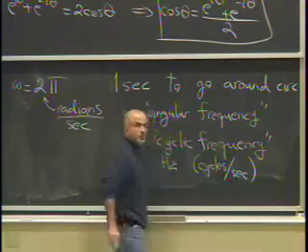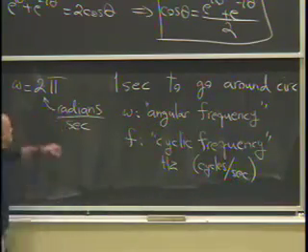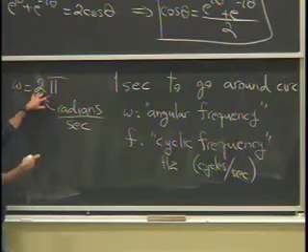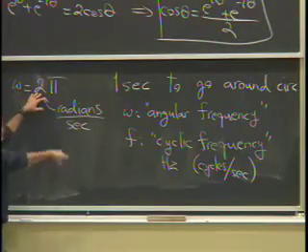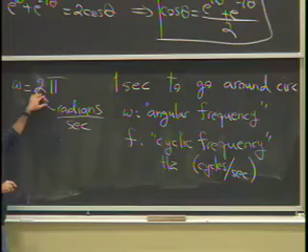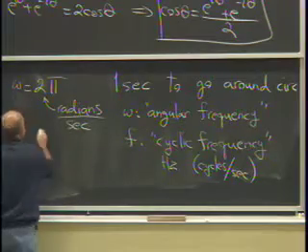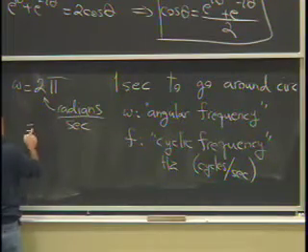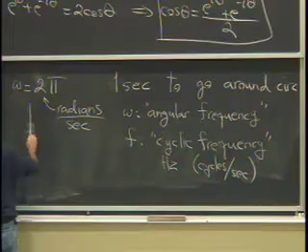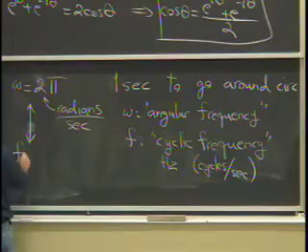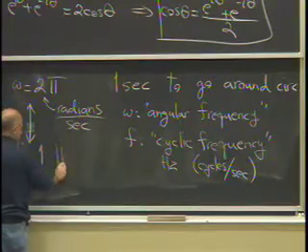You just told me that when omega is equal to 2 pi, the particle goes 1 cycle around the circle. So what's the cyclical frequency corresponding to 2 pi radians per second? 1 hertz. So this corresponds to f equals 1 hertz.